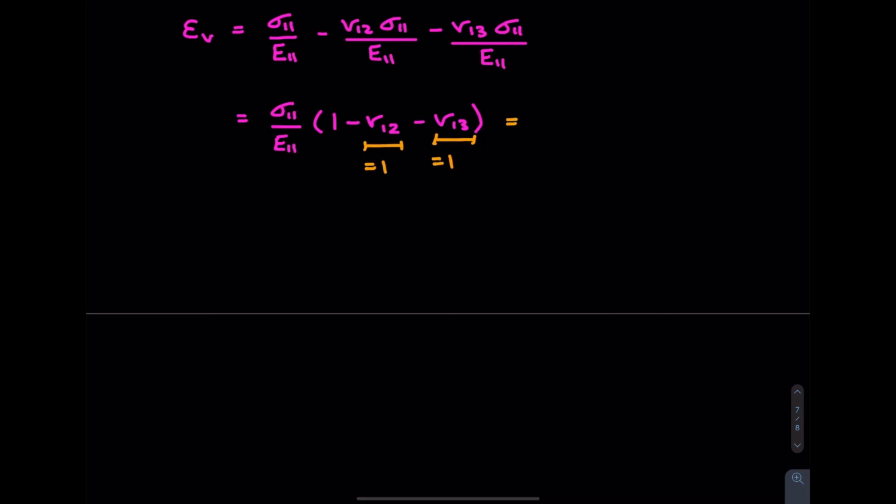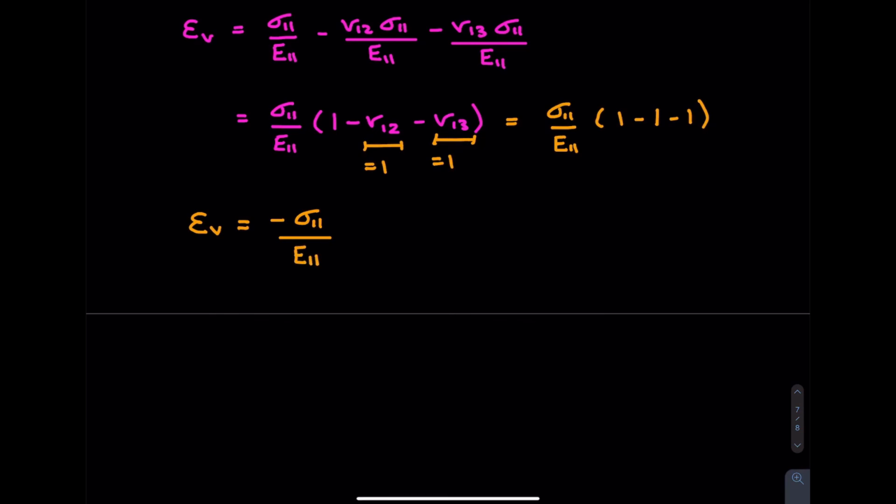Therefore, this whole thing is equal to sigma 1 divided by E 1, and then we have 1 minus 1 minus 1. So in the end here, that 1 minus 1 minus 1 is just simply going to be negative 1. So therefore, my volumetric strain in this case is equal to negative sigma 1 divided by E 1.